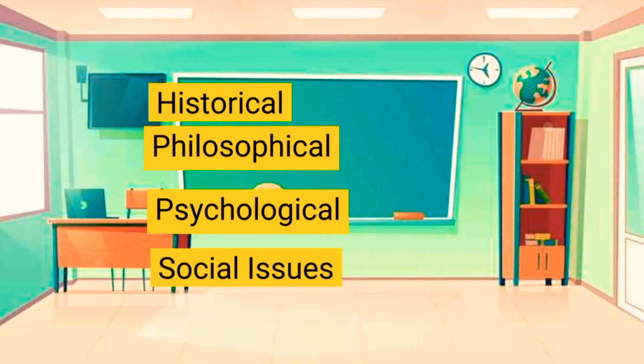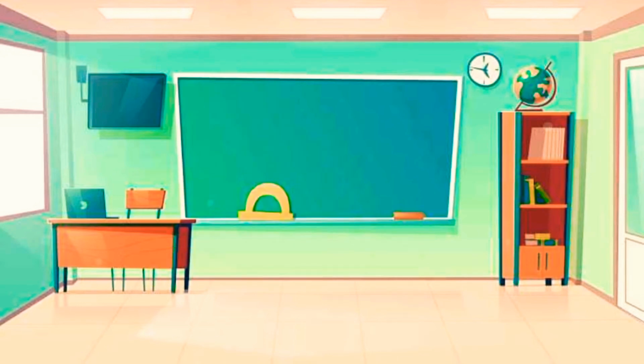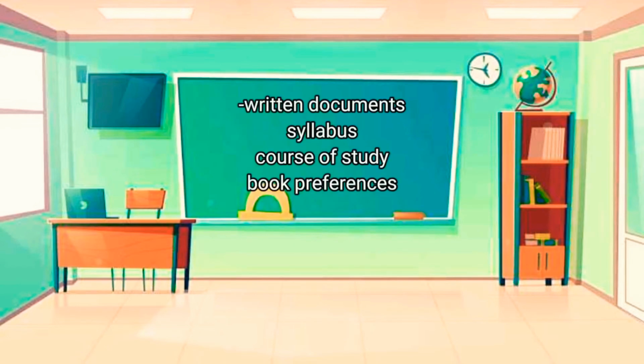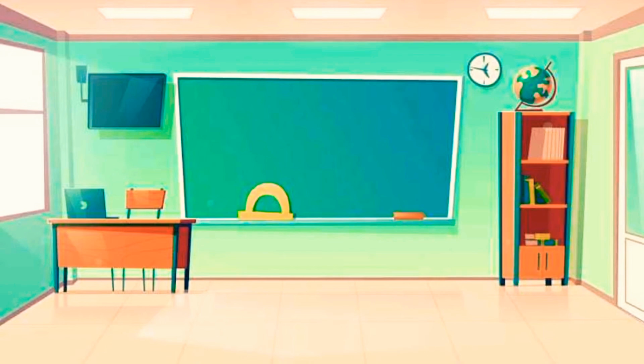From the traditional view, curriculum is mostly written documents such as syllabus, course of study, books and references where knowledge is found but is used as a means to accomplish intended goals.